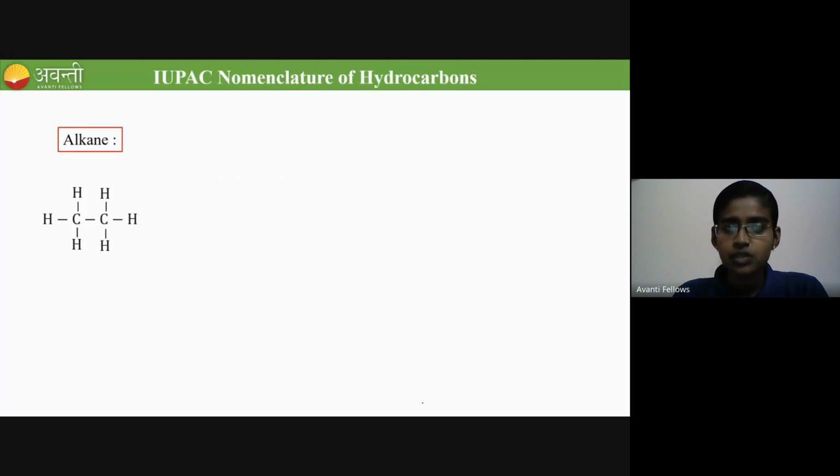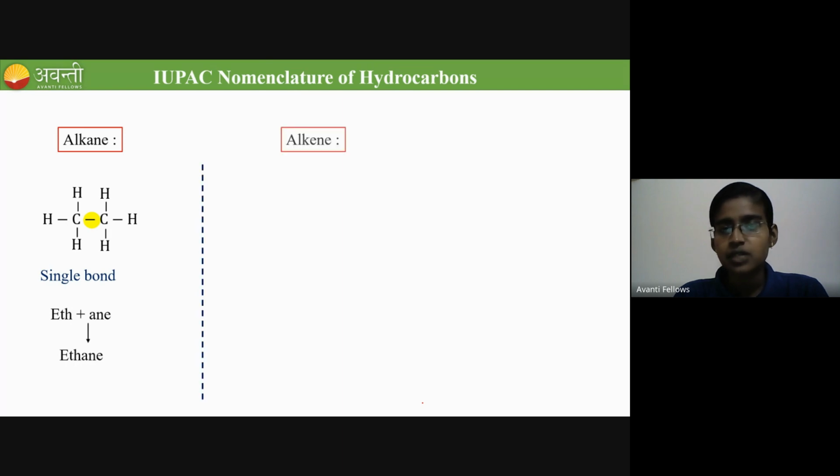And coming to alkane. So here you can see the alkane with 2 carbon and it is having only one bond between 2 carbons. So the single bond of the system is actually alkane. Since it has 2 carbon, it is called as ethane. Okay. And coming to alkene, so we have C2H4 here.